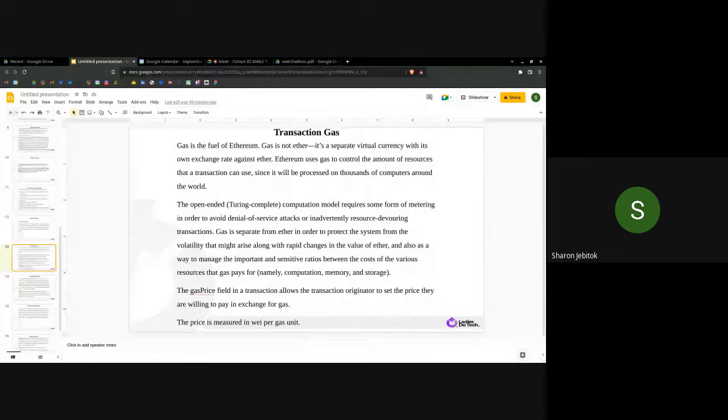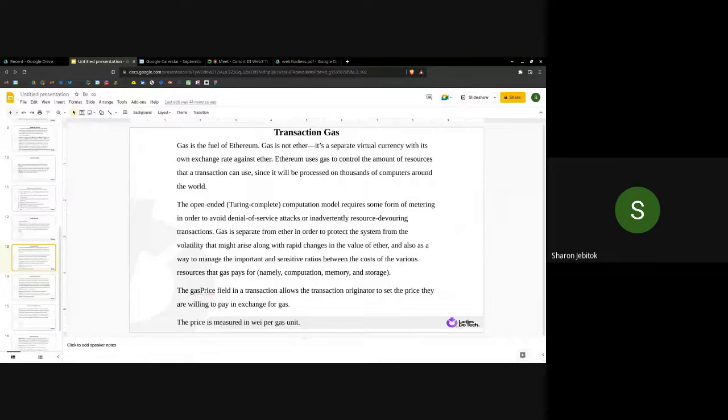For every transaction that happens, the gas that is incurred for that transaction has to be measured. That metering is measuring the gas that has been incurred for a given transaction.